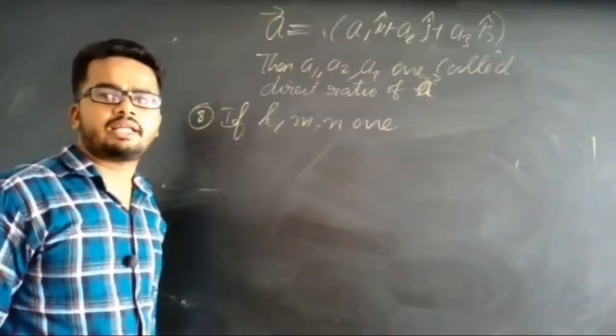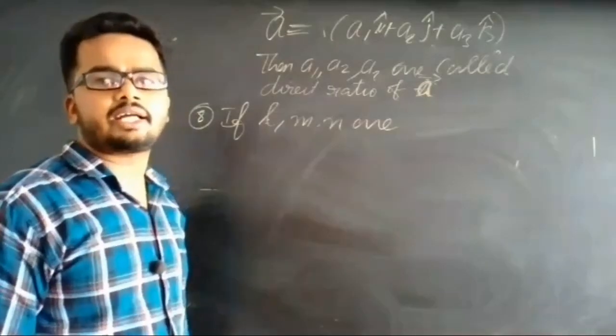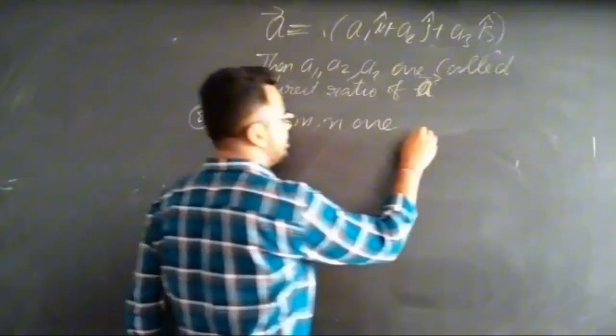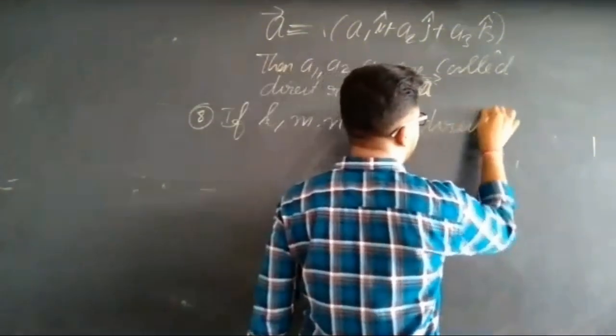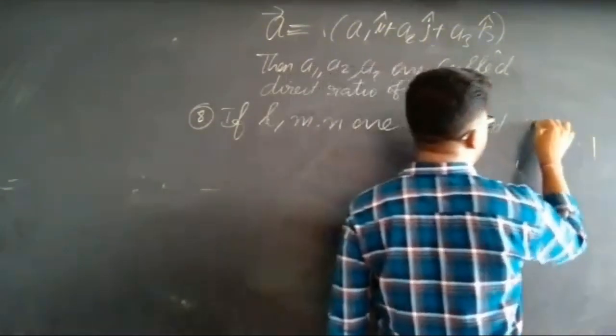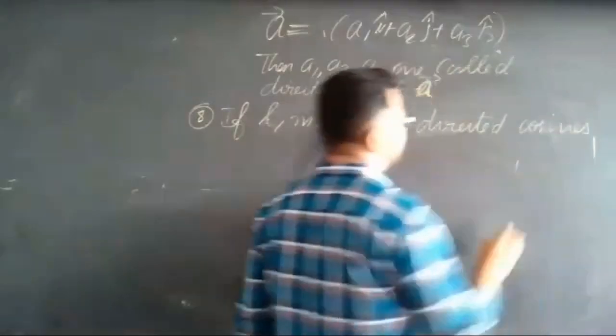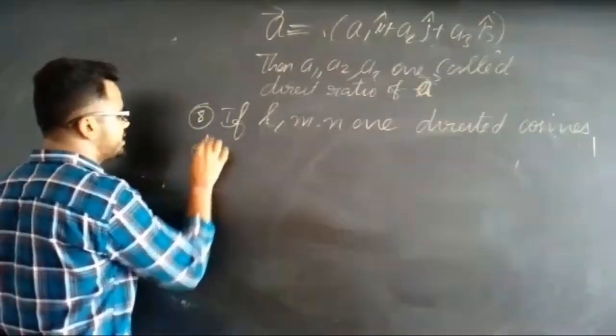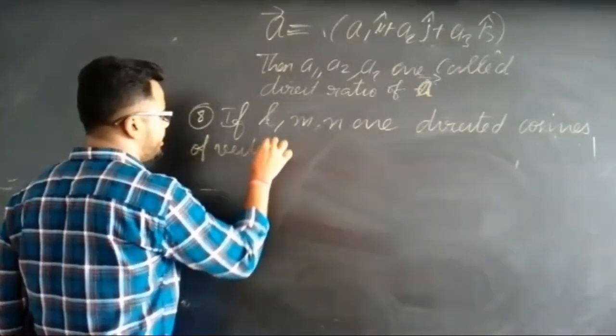If l, m, n are direction cosines of a vector, this we have already written, once again we are writing.